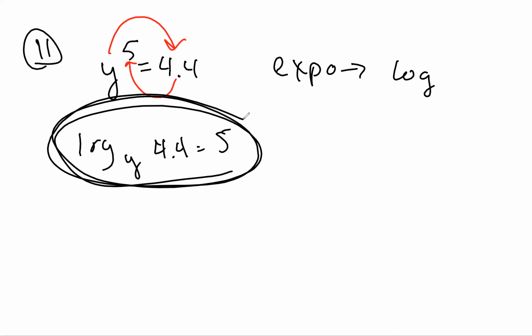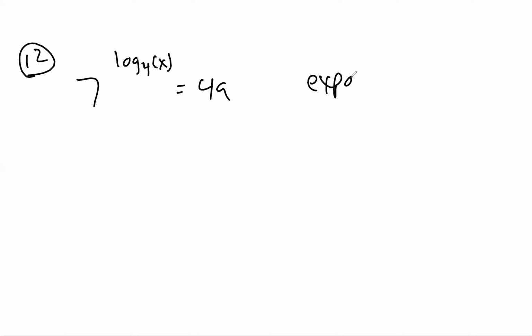Now, number 12 is going to look a little different, but this was in our notes, and this might be the first time you've seen one. It's the number 7, and the exponent is actually log base 4 of x, and that's equal to 49. Technically, this is an exponential function. If we turn it into a log, that's going to let us solve it much easier.